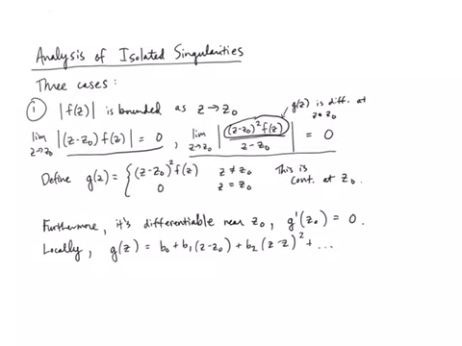But g is 0 at z naught, so that tells us that this 0 order term is 0, and the derivative at z naught is 0 as well, so that tells us that b1 is equal to 0. So our g of z is z minus z naught squared times b2 plus b3 times z minus z naught plus and so on.